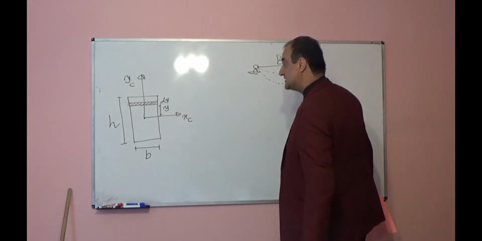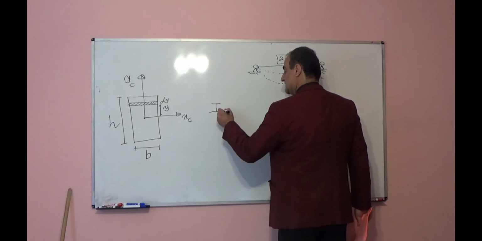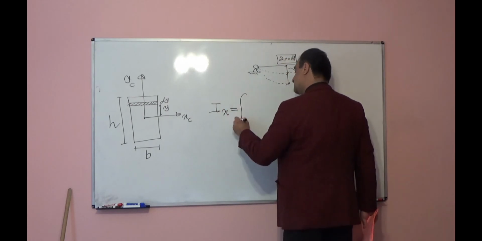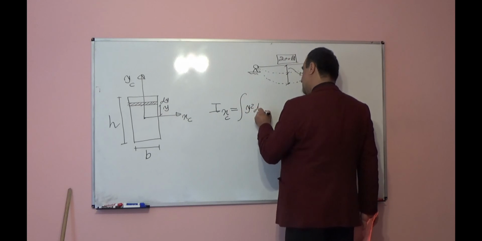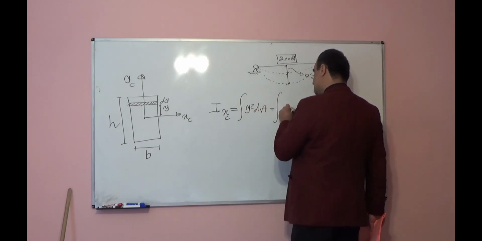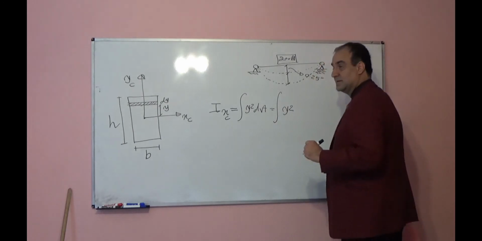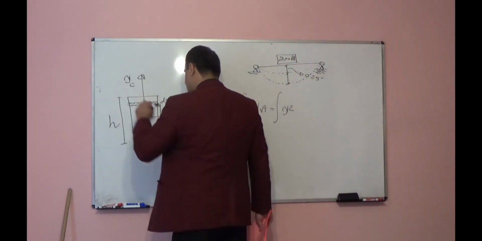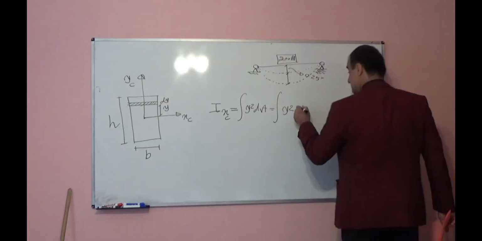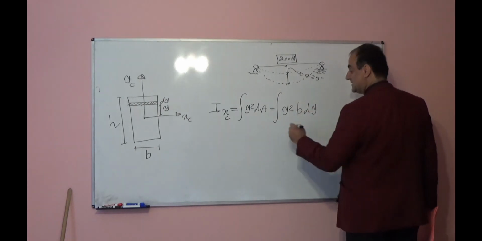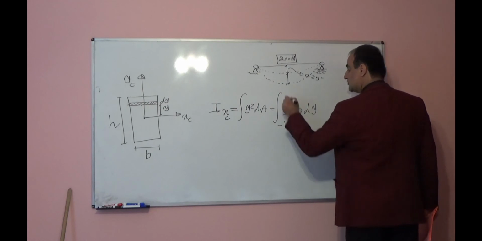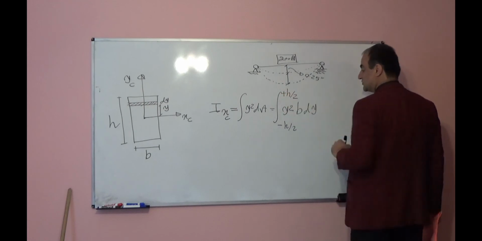In that case, Ix is equal to integration y squared dA. The area for this strip will be b times dy, and y varies from negative h over 2 to positive h over 2.